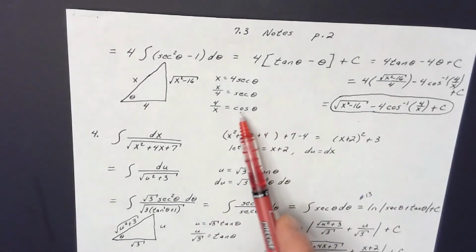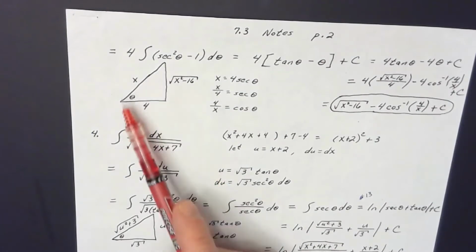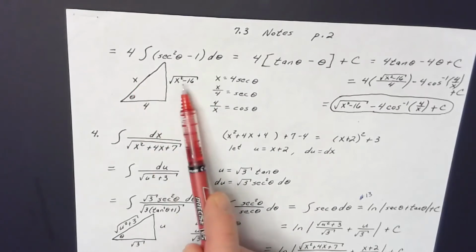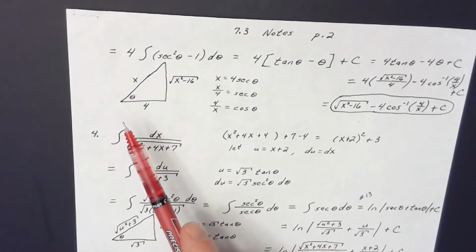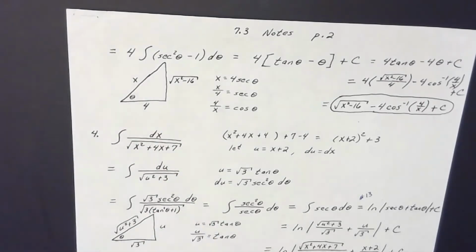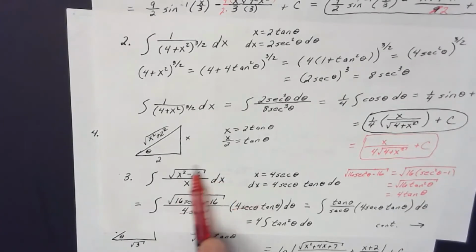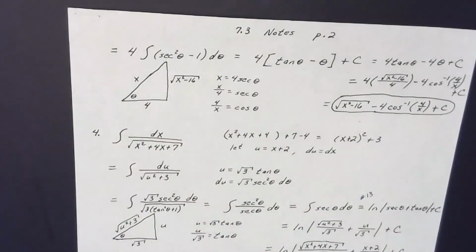Once I have my trig triangle defined with the adjacent side being 4, hypotenuse x, and the opposite side the square root of the hypotenuse squared minus the other side squared, please remember, the relationship from the original problem must pop up in the trig triangle. If you did a trig triangle and didn't see that x squared minus 16 in there, you'd know you'd have to be wrong.